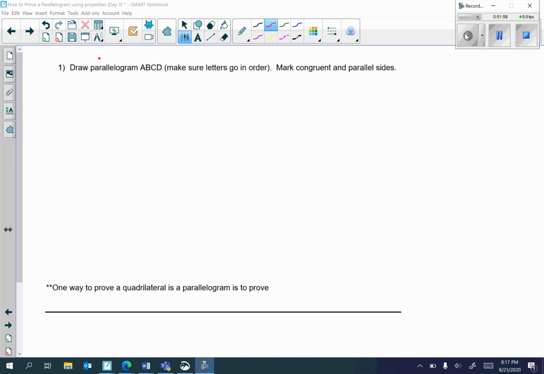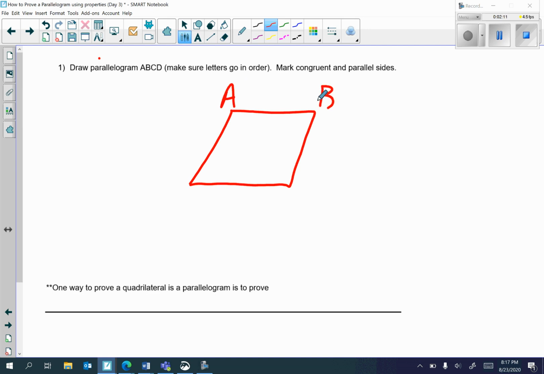Let's look at this example. Number 1, draw a parallelogram ABCD, make sure letters go in order. So I'm going to draw a parallelogram, and I'm going to do A, B, C, D. These letters go in order. It says mark congruent and parallel sides.